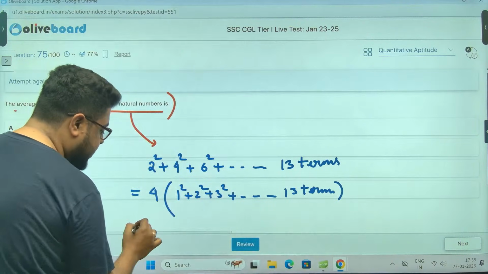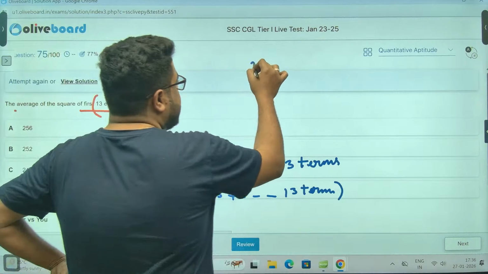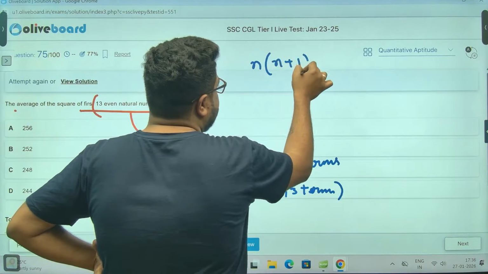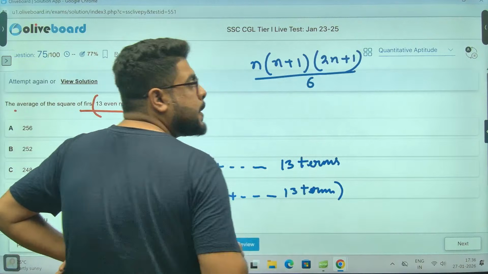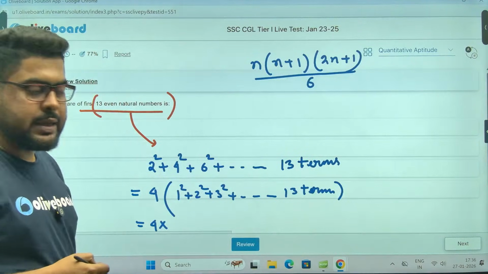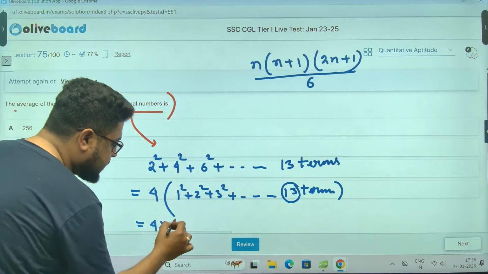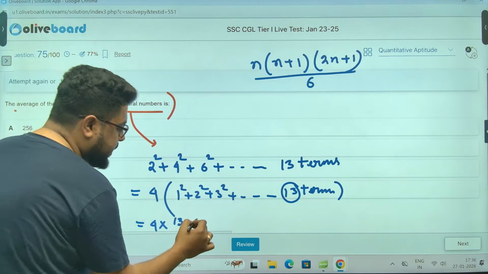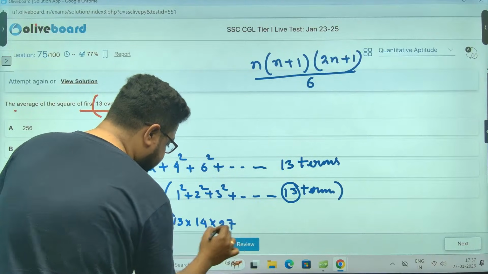There is a formula for this, which I told you is very, very important: n into n plus 1 into 2n plus 1 divided by 6. This is for the sum. So now here n is 13. So 13 into 13 plus 1, 14, into 13 2s are 26 plus 1, 27, by 6.